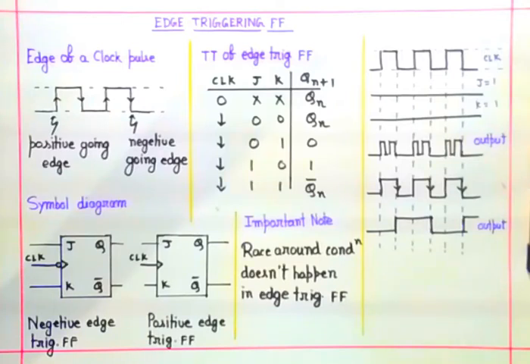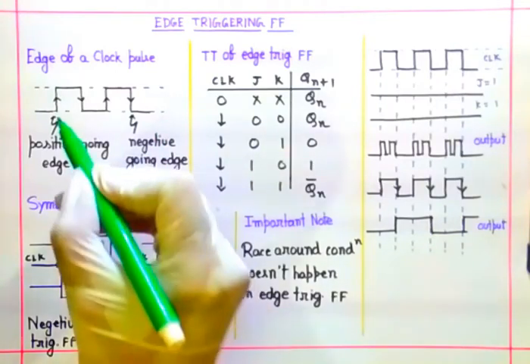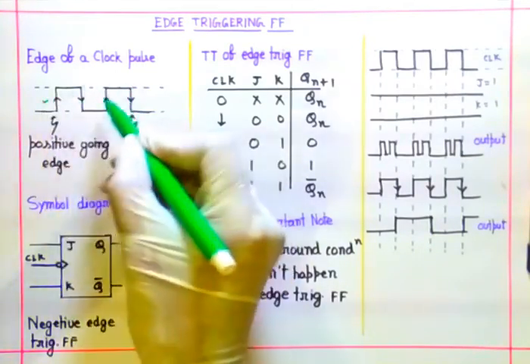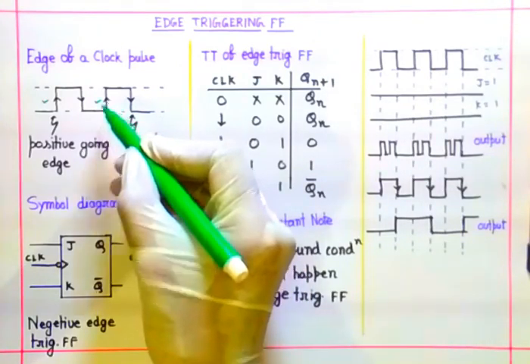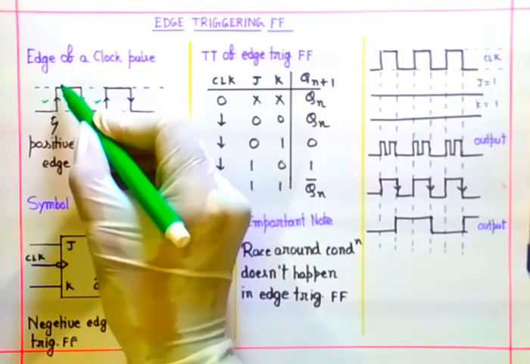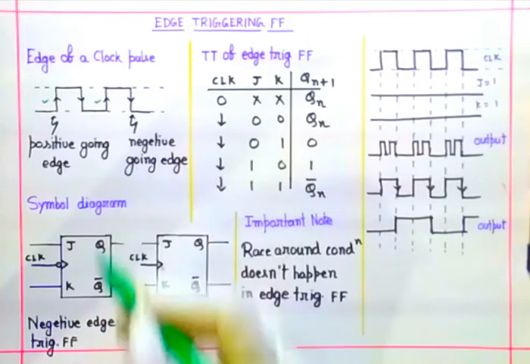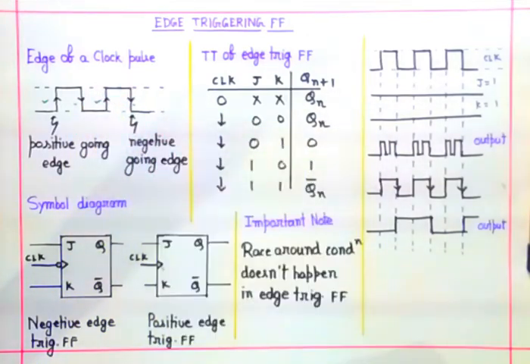So before going to edge triggering flip-flop, you need to know what is edge of a clock pulse. You can see this clock pulse. Now these two edges are called positive going edge. That means during positive going edge, the signal is going from low to high or 0 to 1, and these two edges are called negative going edge.